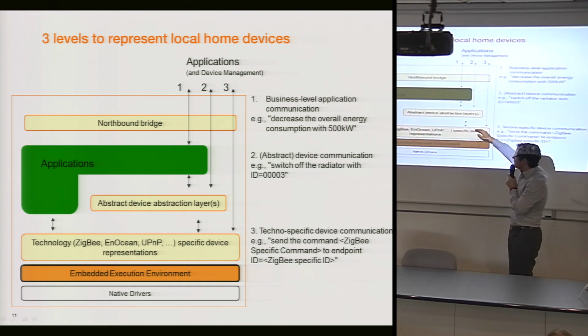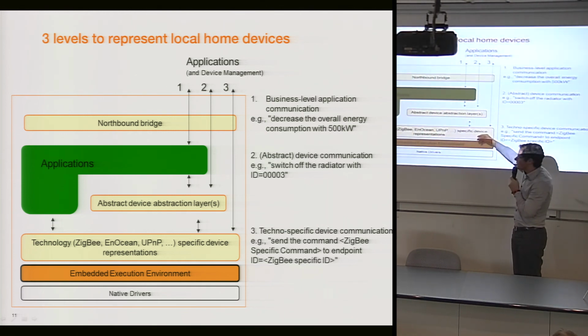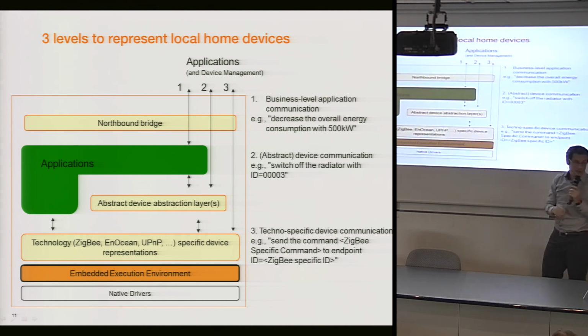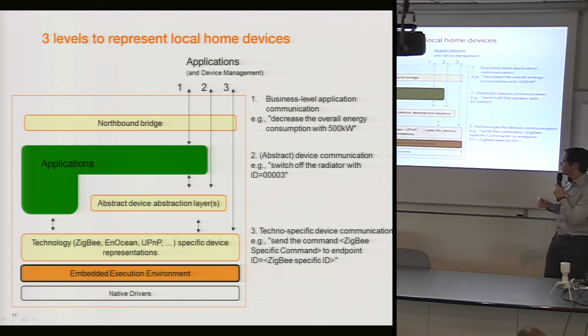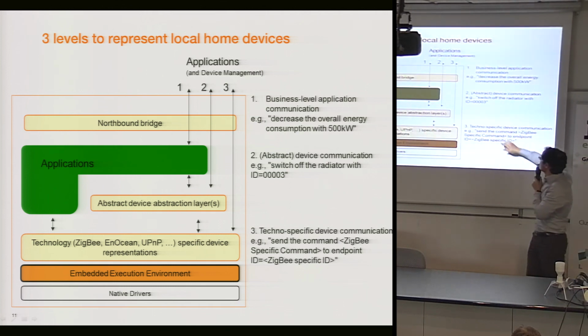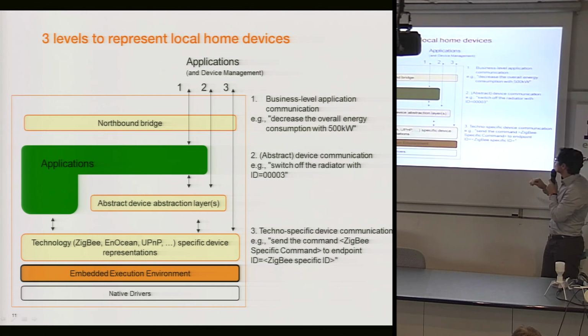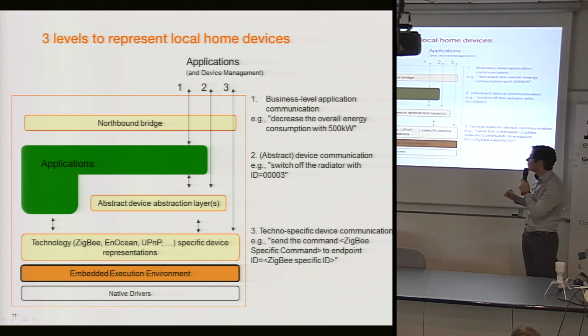We need such drivers at the bottom of the infrastructure. And in the second layer, we need the full abstraction that I think Kai also mentioned from the Eclipse Smart Home viewpoint, with an abstraction that enables the developer to say switch off the radiator with this general ID, and he doesn't have to know what is Zigbee, what is a Zigbee identifier, what is a Zigbee endpoint.